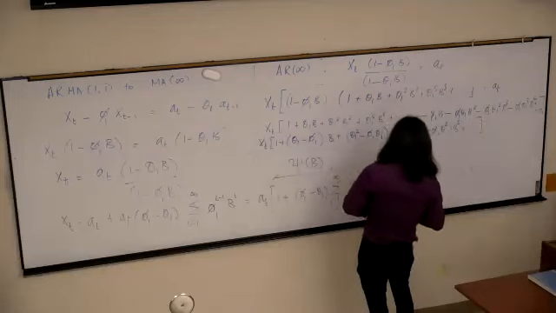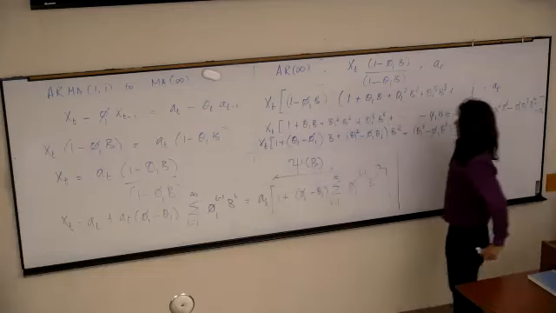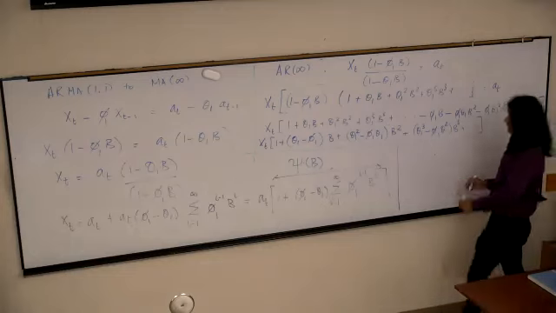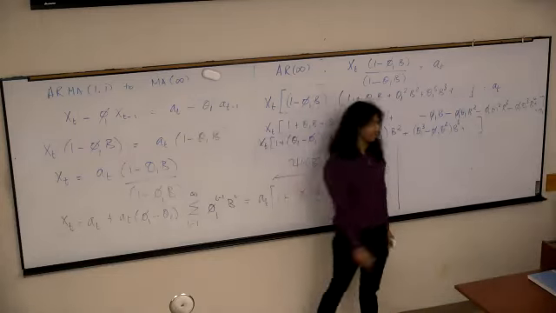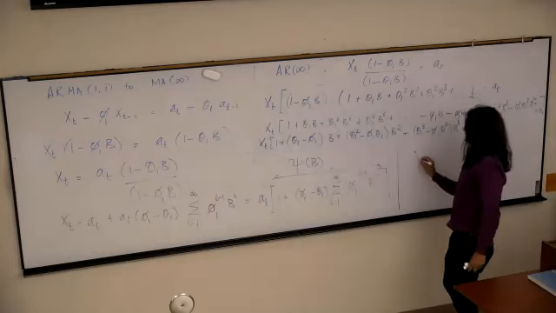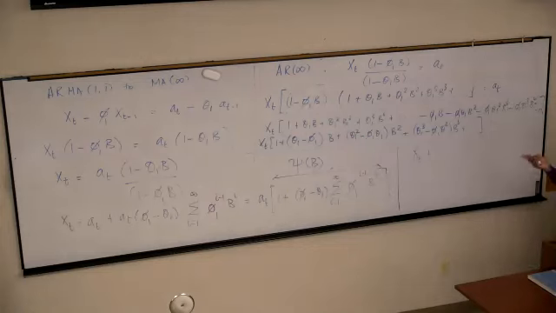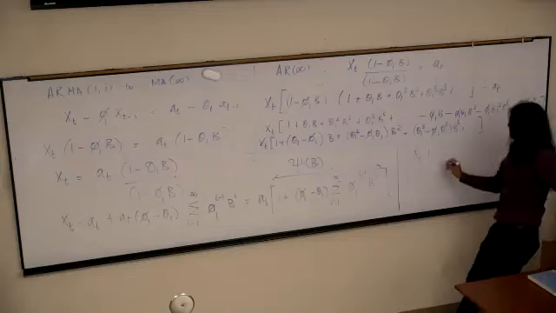The XT I can distribute because we always want to have XT in our equation, just like we desire to have AT in there. So XT plus all the other terms. If you look at the expression, we will have theta1 minus phi1 as a common term in all, so I can pull that out.